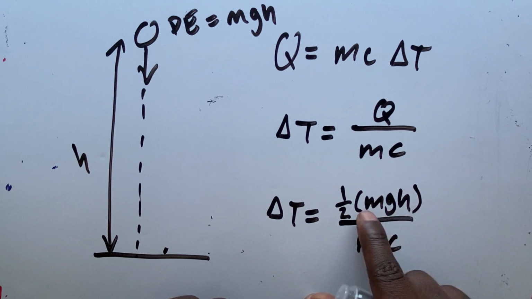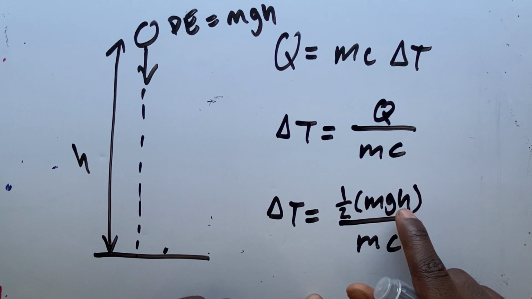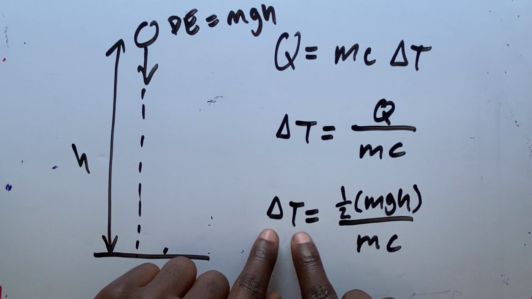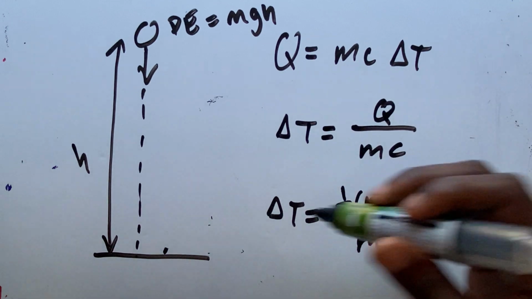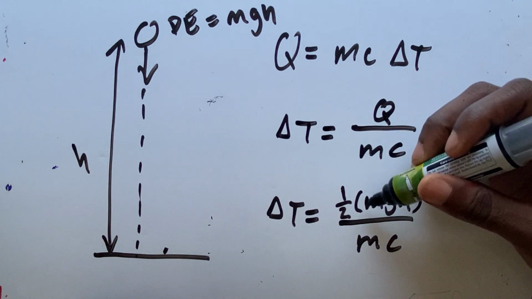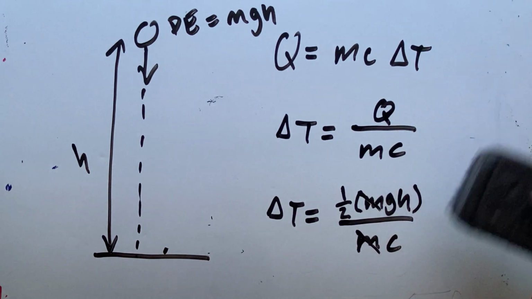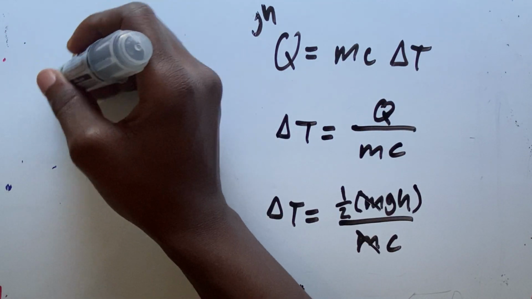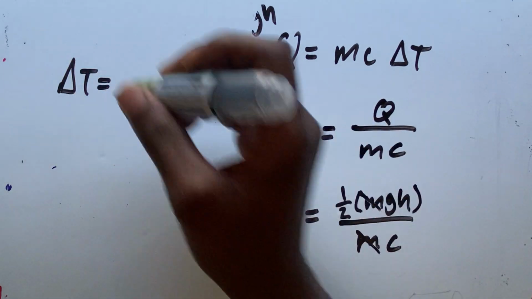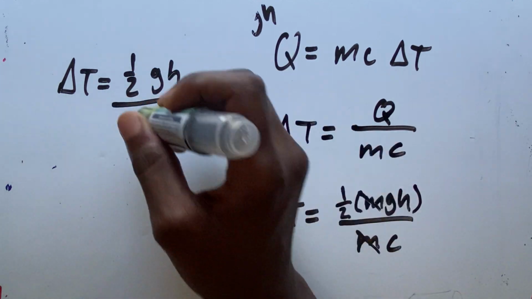So half of the potential energy is going to be converted into heat, changing the temperature of the ball. Now we can solve for the temperature here. There's a mass on the top and on the bottom, so both of those can cancel out. And so now, let me rewrite it over here. We have delta T equals 1/2 of g times h divided by c.